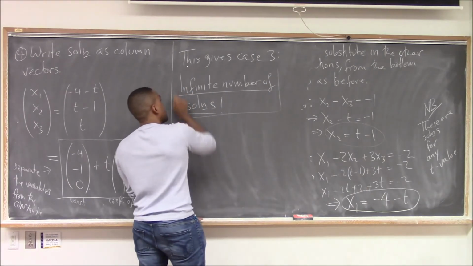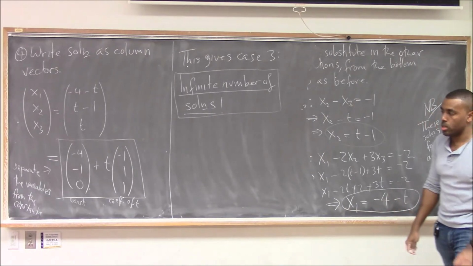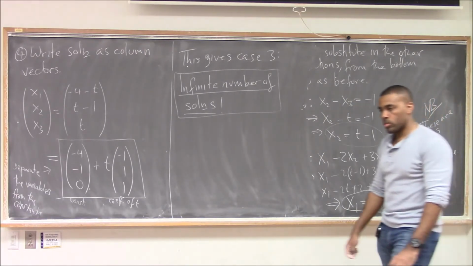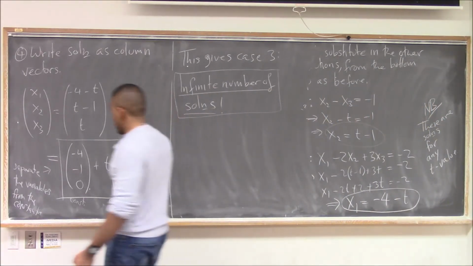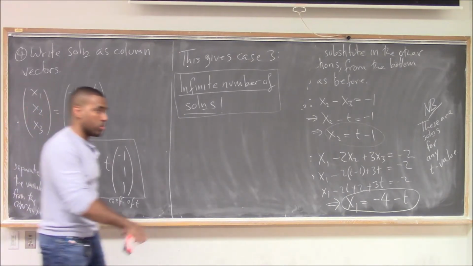Notice that for every single t value, I will have a different solution. There's an infinite number of vectors that will solve this system. An infinite number of triples of x1, x2, and x3 will be a solution to this system of equations.